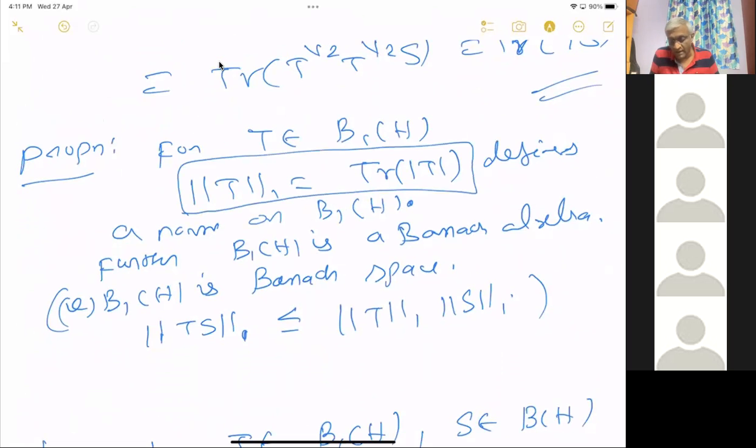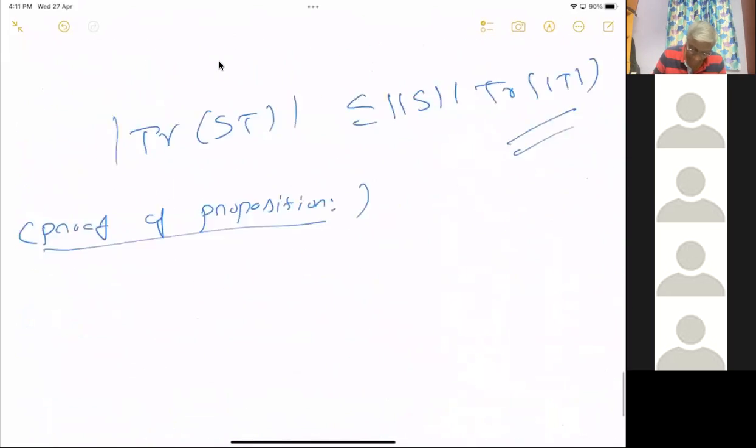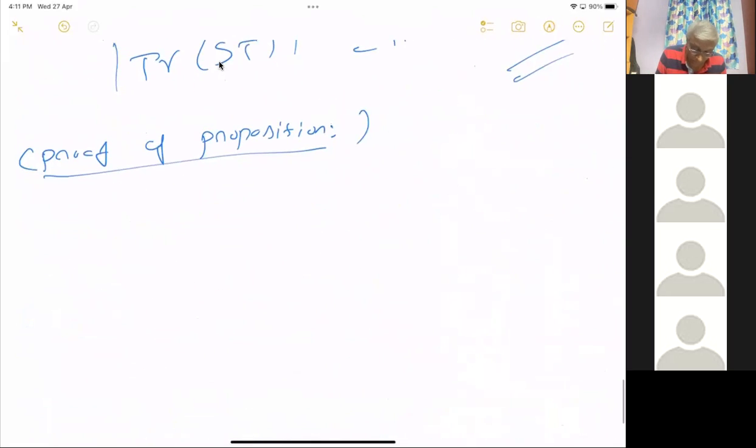If you multiply T by alpha, you can take out the alpha, so you have to prove only the triangle inequality, and positivity is clear because of this. We know that the trace norm is greater than the operator norm.